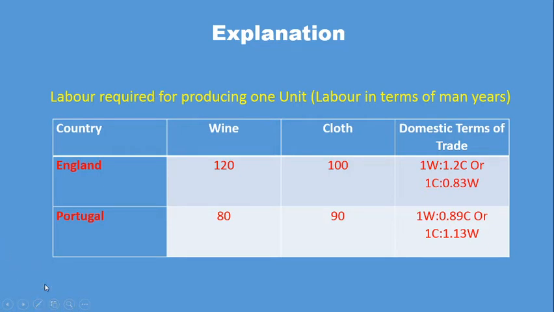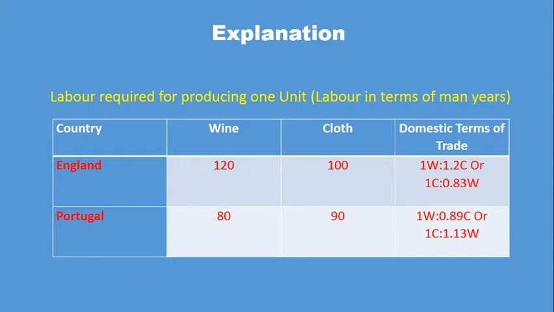The above table represents that the production of 1 unit of wine in England requires 120 men for a year, while 1 unit of clothes requires 100 men for a year.